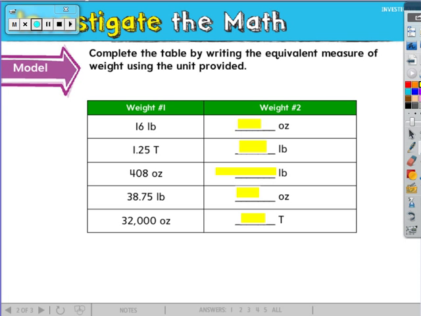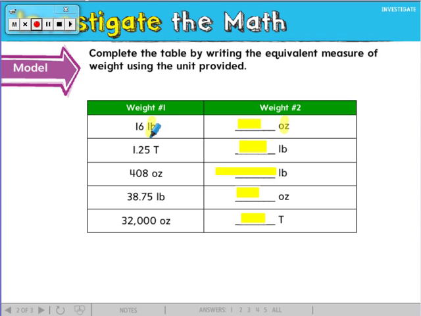Yeah, Jackson. That 16 ounces equals a pound. Before I even get there, if you need to multiply, how do I figure that out? Josie, how do I figure out if I'm going to multiply or divide? So what do I need to look at that's going to tell me that? So I need to look at the ounces and pounds, right?